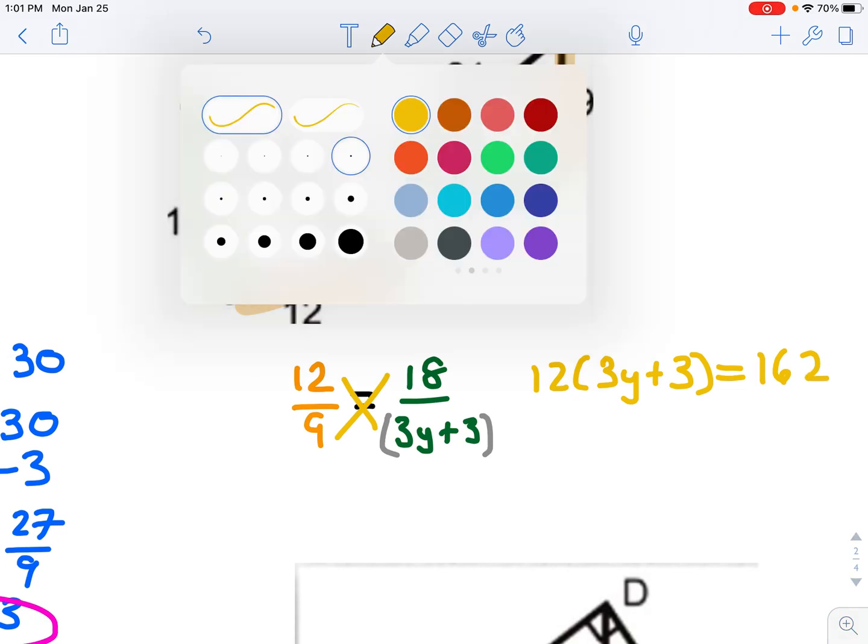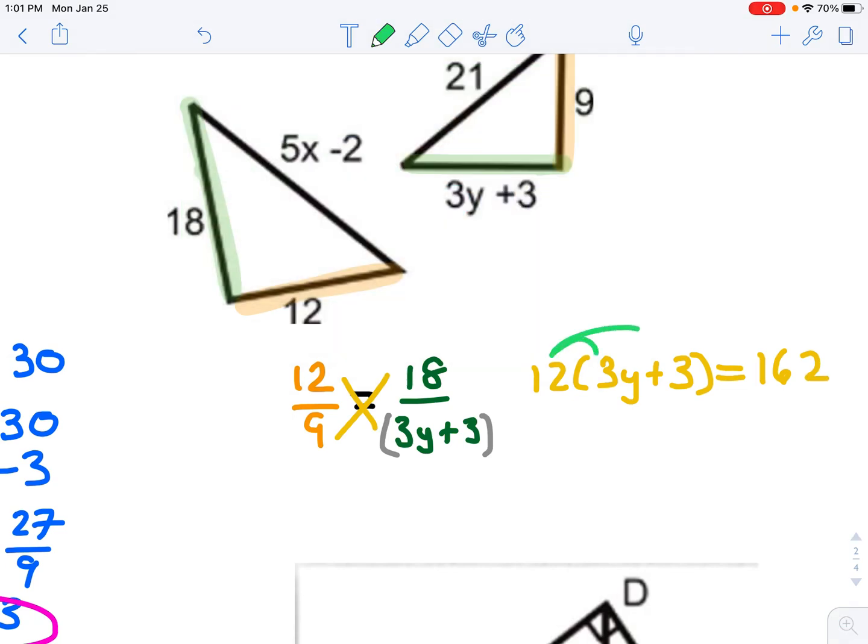So when I cross multiply, I can keep my work organized and try to eliminate silly mistakes. And then 9 times 18, I believe, is 162. Distribute, I'm going to get 36y plus 36 equals 162. Subtract 36 from both sides.